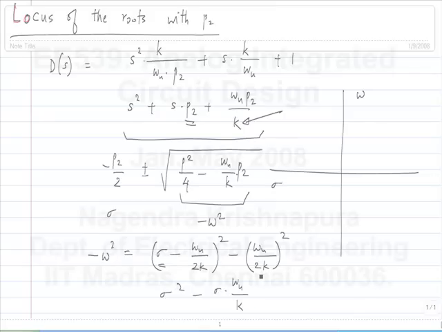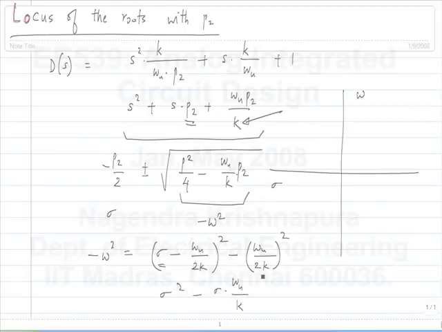Is this correct? Or is there another factor of 2 missing somewhere? Should this be 4k or 2k? Yeah, it's correct actually.